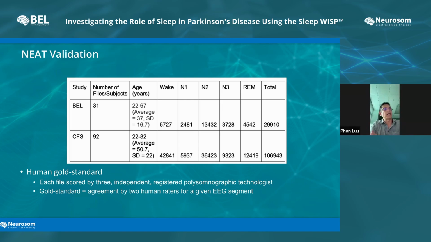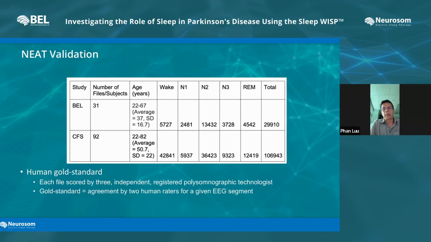We get three ratings for each data file and each segment, and then we compute an agreement. Whenever a segment is scored the same by two of the three scorers, then we establish the sleep stage of that segment as the gold standard.